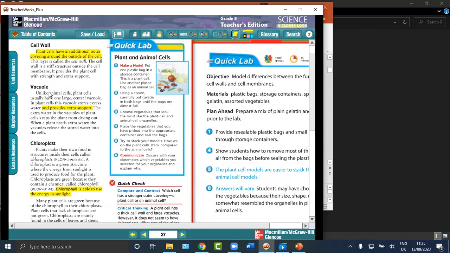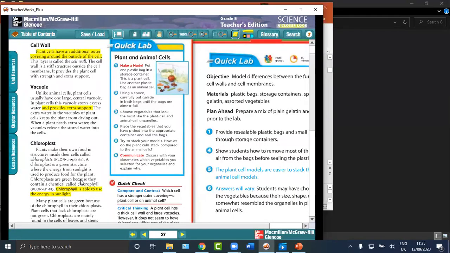Vacuole, chloroplast. If we want to answer the question, which cell has a stronger outer covering, a plant cell or an animal cell? We can answer the question.